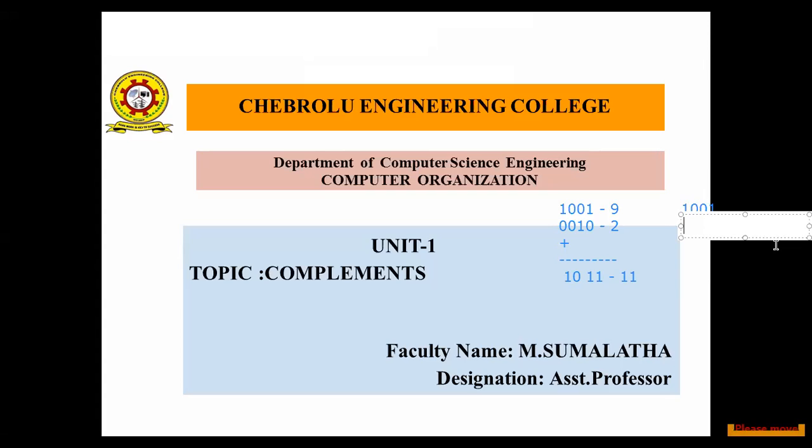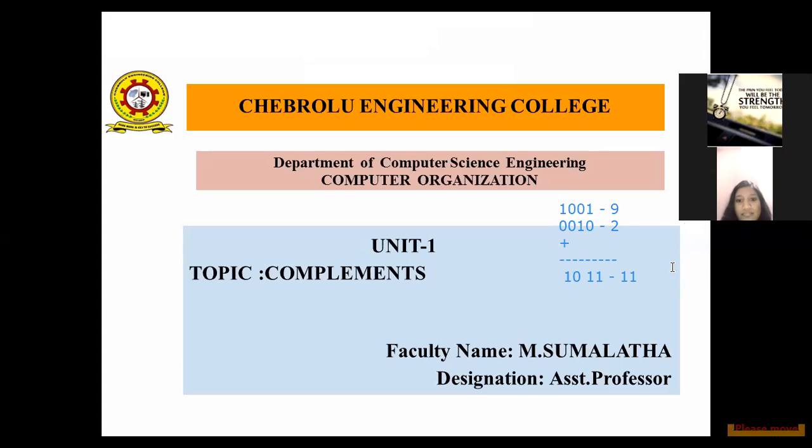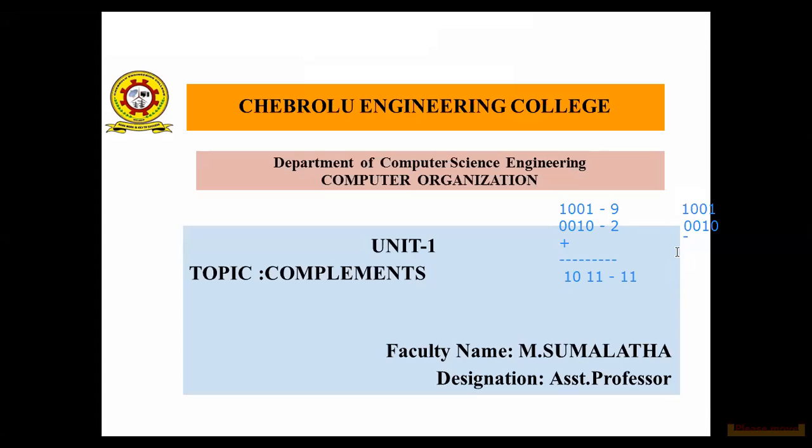Okay, so in the same way, how to do the binary subtraction here? The same, 9 minus 2 here we are doing. That means 1001 minus 0010. Here we are doing the binary subtraction. Then how to take the result?